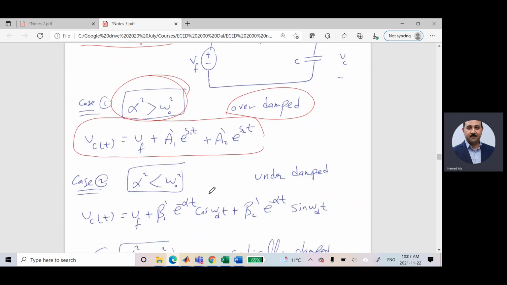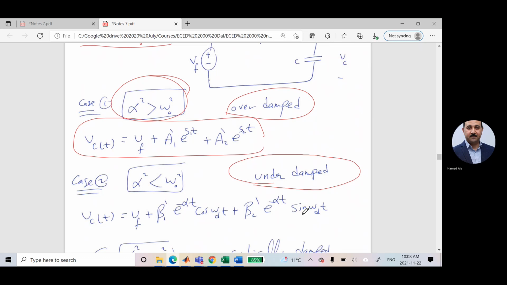If alpha squared is less than omega o squared, you are talking about the underdamped case, and Vc(t) is equal to Vf plus beta1 times e to the power negative alpha t cosine omega d t plus beta2 prime times e to the power negative alpha t sine omega d t. Again, A1, A2, beta1, beta2 primes are constants. From where can we find them? We can find them from the initial conditions.